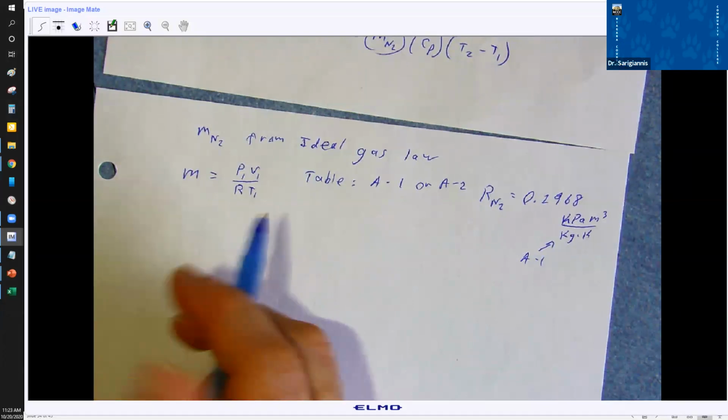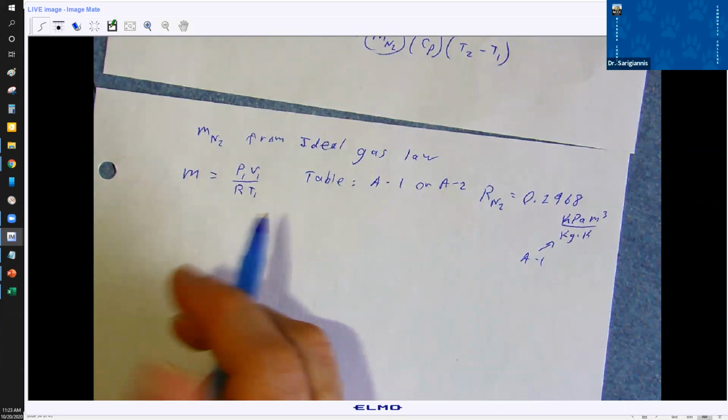We know the pressure, we know the volume, right? We're given 0.5 cubic meters. So let's just jot this information down. P1 equals 400 kPa. V1 was 0.5 cubic meters.